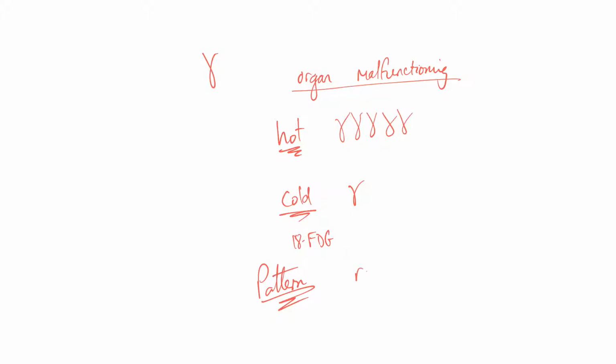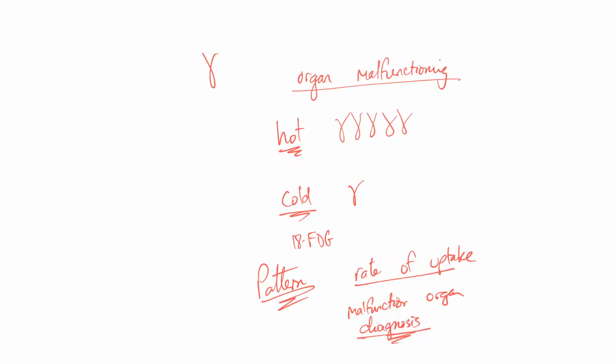Is the rate of uptake by the organ, or the absorption of those isotopes, changing over time? Is it slowing down? Is the organ not working properly? If we have that changing rate of uptake, then we know there's a malfunction in the organ, and we can make a diagnosis.